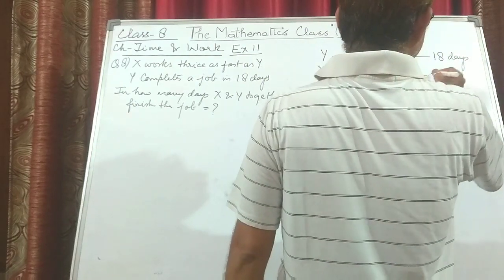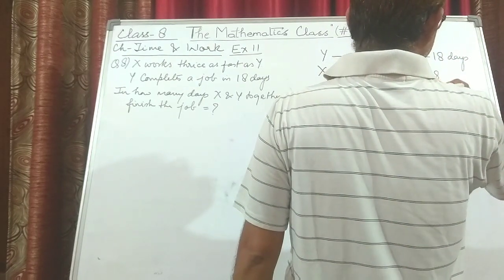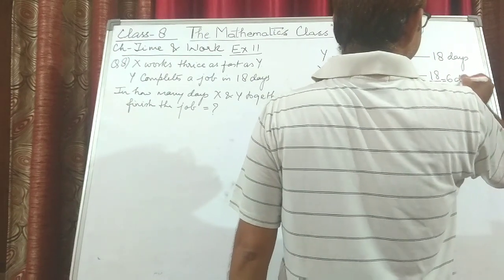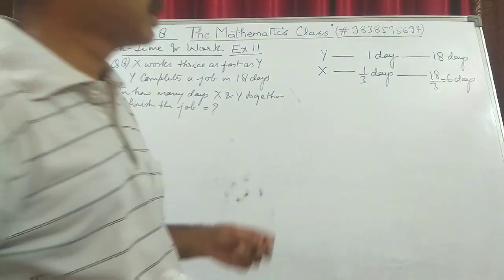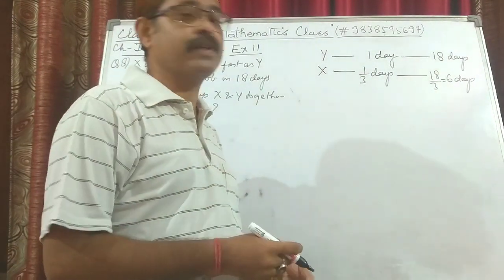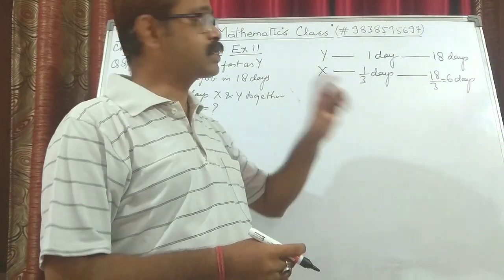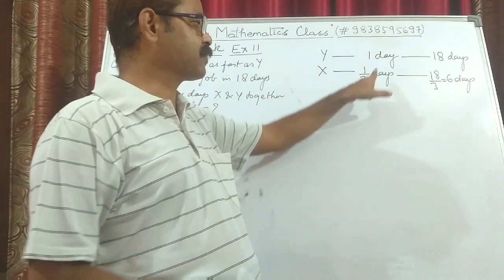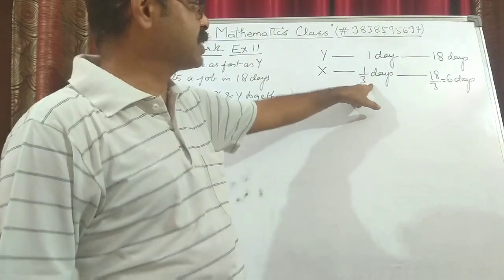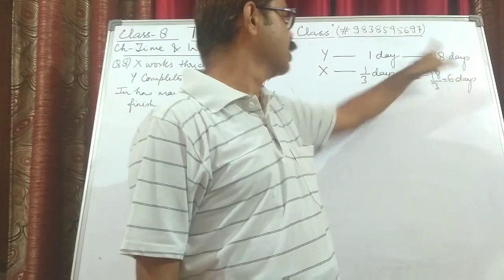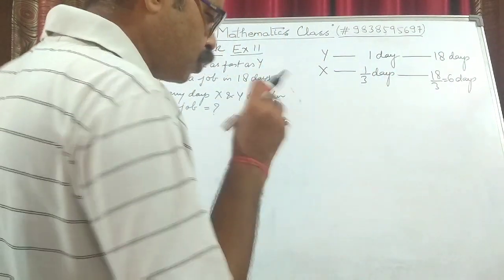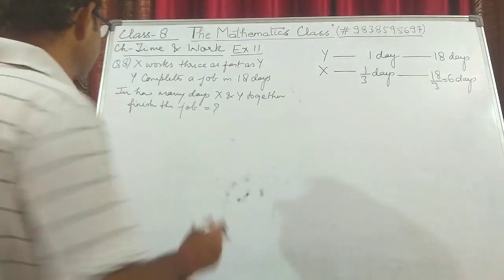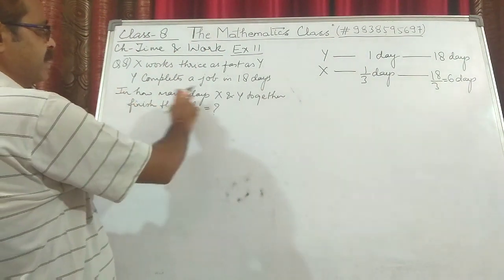So X will complete it in 18 upon 3, that is 6 days, because X is 3 times faster than Y. If Y is completing it in 1 day, X will complete it in 1 by 3 days. So Y is completing in 18 days, so X will complete in 18 upon 3 days, that is 6 days. So you got the efficiency of X.